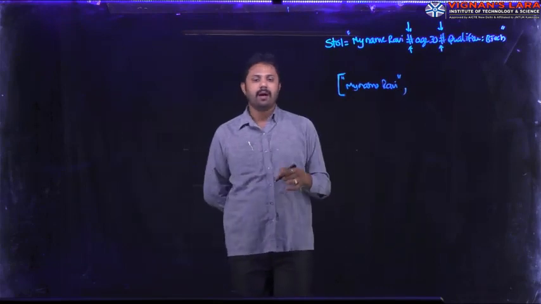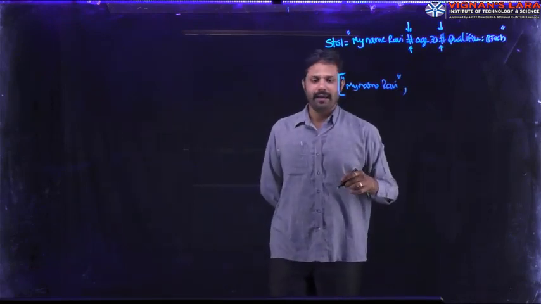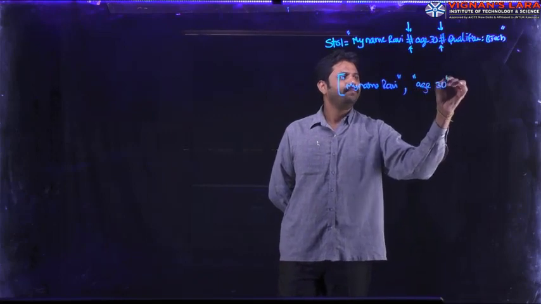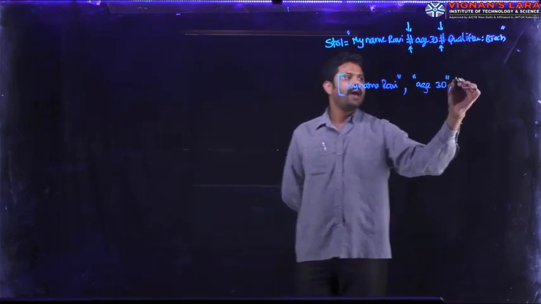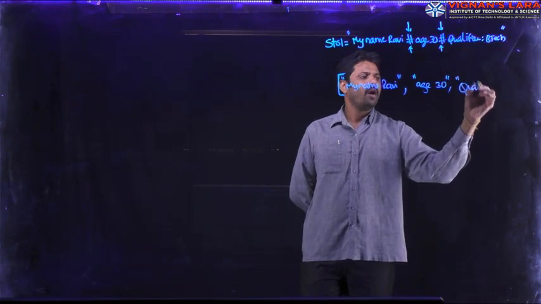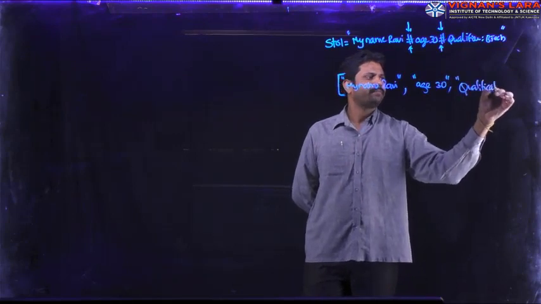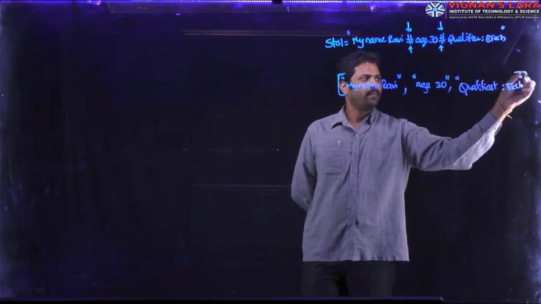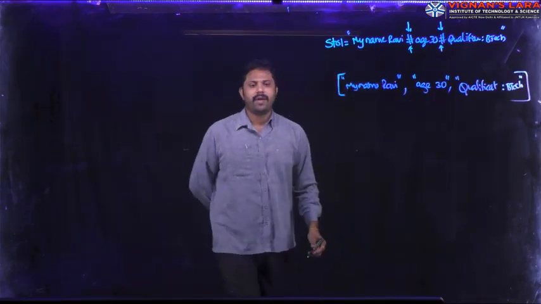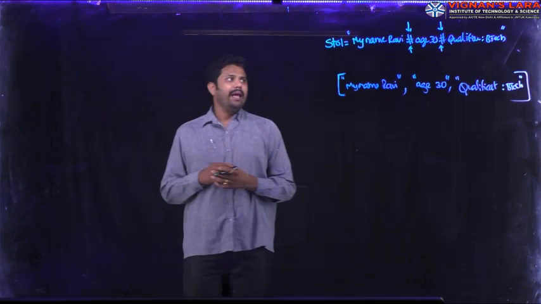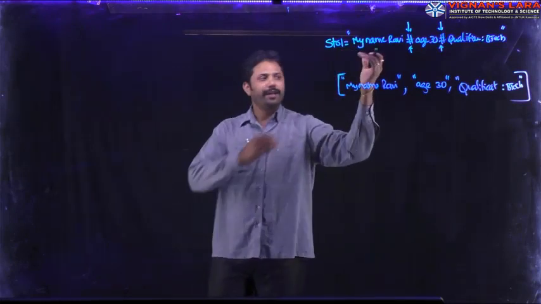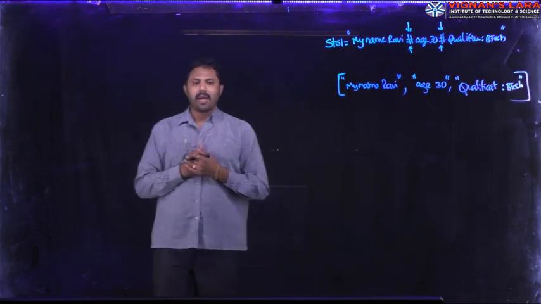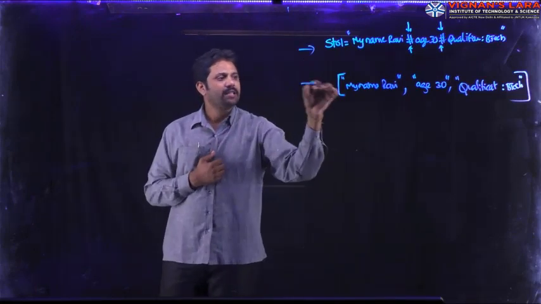This is the first element in the list. Next, age 30, second element in the list, and third element qualification BTech. If you give a string like this, it splits that string in this manner. This is my input and this is my output.